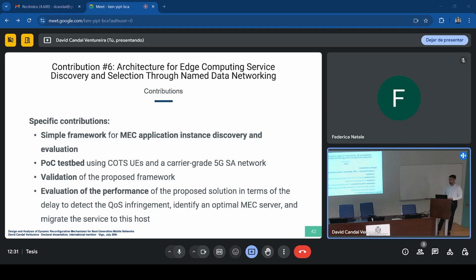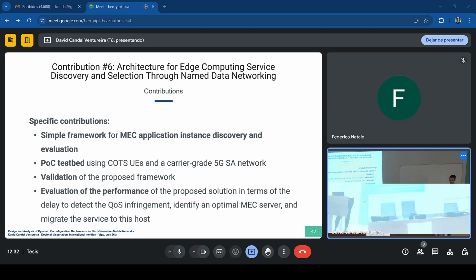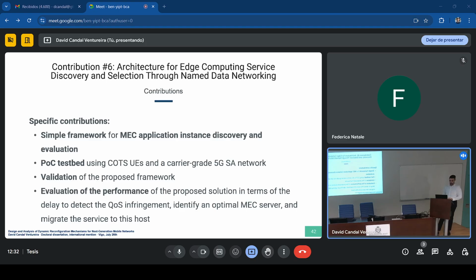Or also we could implement a ping service that does not impact significantly on the computing loads of the servers, but can measure the transmission delay between the user and its server. And we have validated the solution by implementing a real-world test.